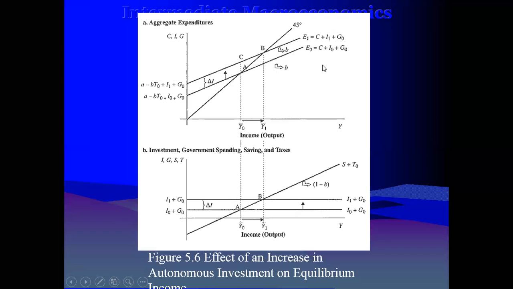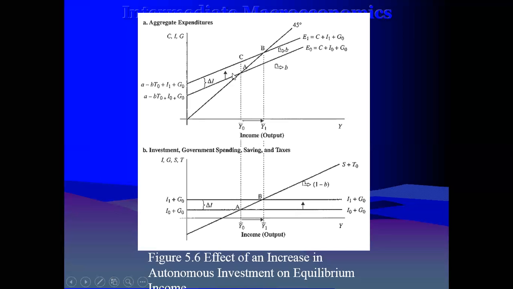Here we are using the Y equals E approach. Now there's an increase in I from I0 to I1. It means the AD curve is going to shift upwards depending on the level of the increase in investment. We shift from E0 to E1, and the vertical distance between the two curves will be the change in investment.